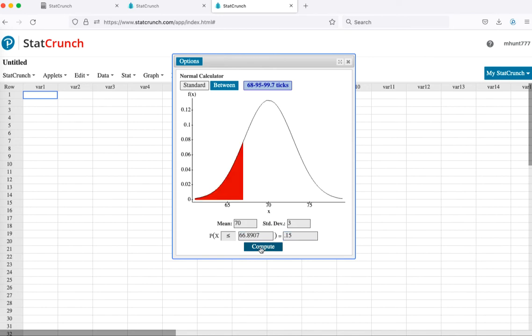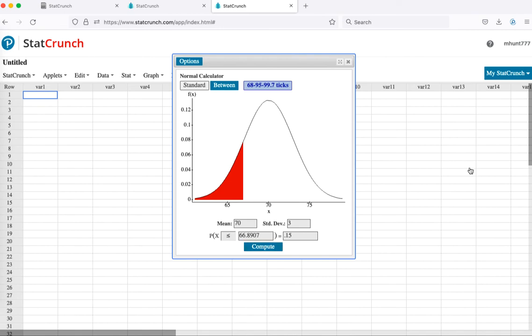And there you have it. 15% of adult males have a height that is less than 66.89 inches.